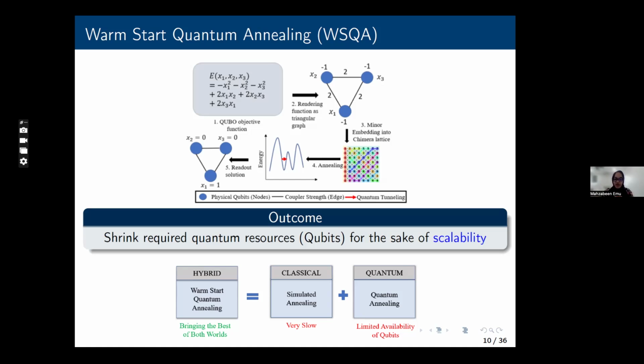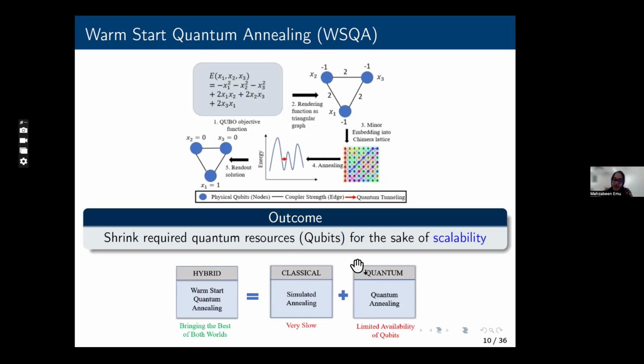So here what I do is I try to combine classical and quantum algorithms. Basically, the idea is to shrink the number of quantum resources or qubits so that we are able to solve at least reasonable scale optimization problems. So we call this technique warm start quantum annealing. It's a hybrid approach where we kickstart the optimization or the search engine with a classical algorithm such as simulated annealing, and then we quickly shift our gear towards quantum annealing.